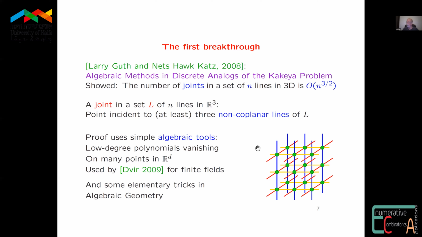Using algebraic tools of a fairly simpler nature than those that are coming up soon, they managed to obtain a proof of these things. In fact, their proof was a bit complicated, but in a sense it was, quote-unquote, a triviality.